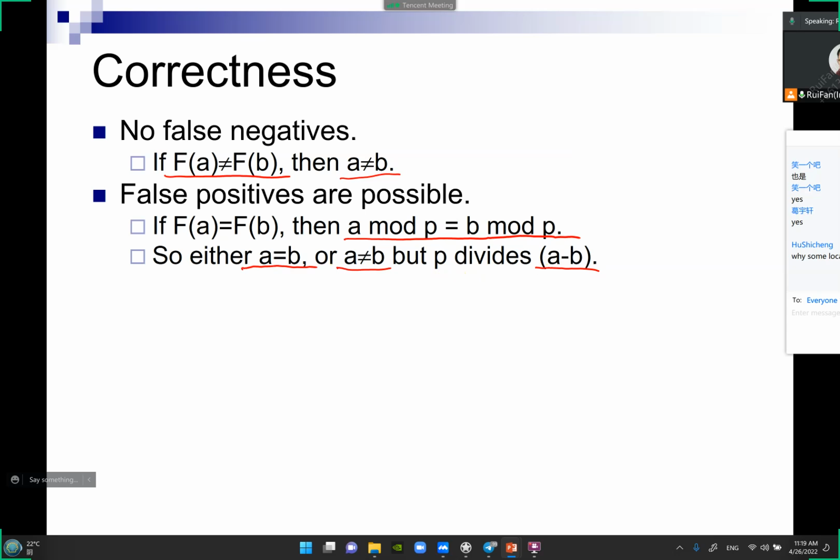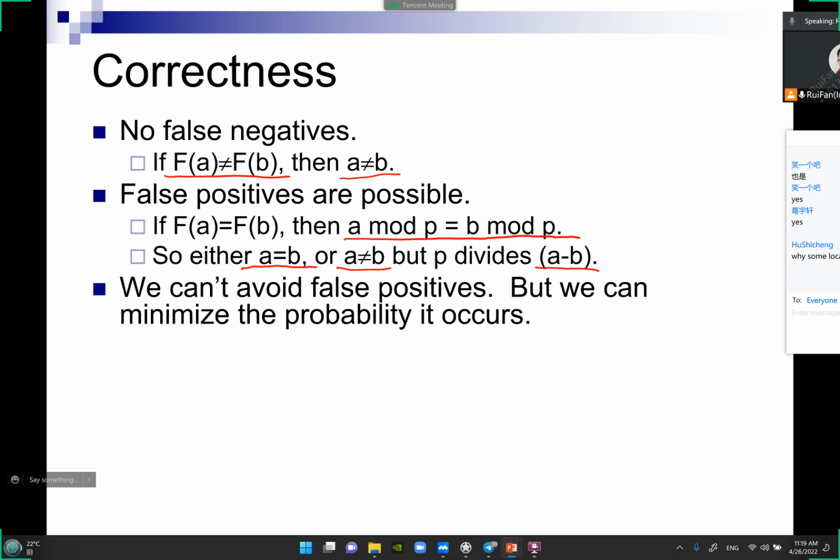If p divides a minus b, then a modulo p is going to be equal to b modulo p, and in that case you're going to get a false positive. There's no way to avoid the second possibility, where a and b are not equal but p divides a minus b. However, you can bound the probability that it occurs.